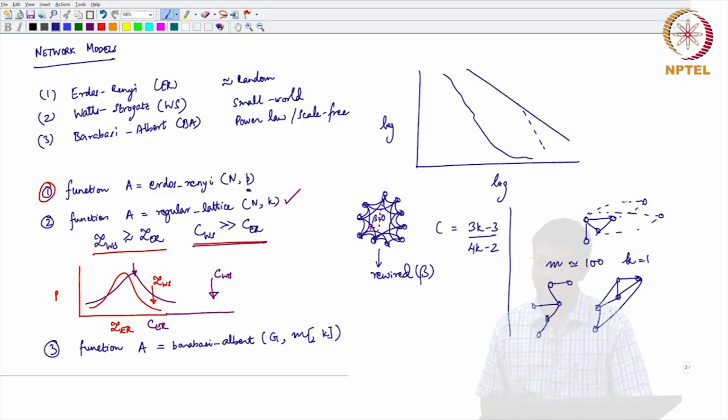Not everything results in triangles, but you will have some more clustering. Barabasi-Albert graphs do show clustering. So, this addition of one node is a very simplifying assumption. Barabasi-Albert graphs do show clustering, as you can see for yourself.